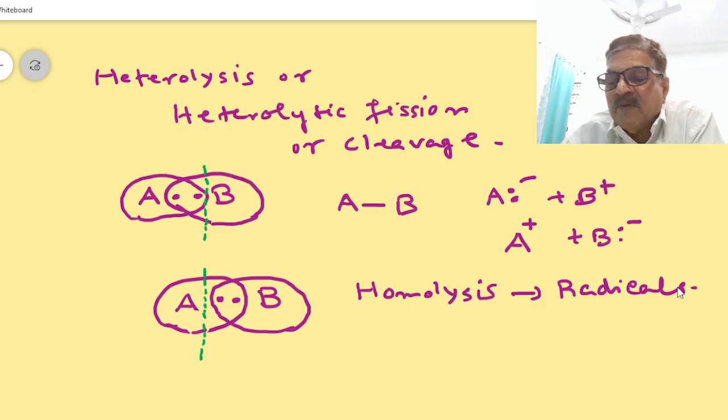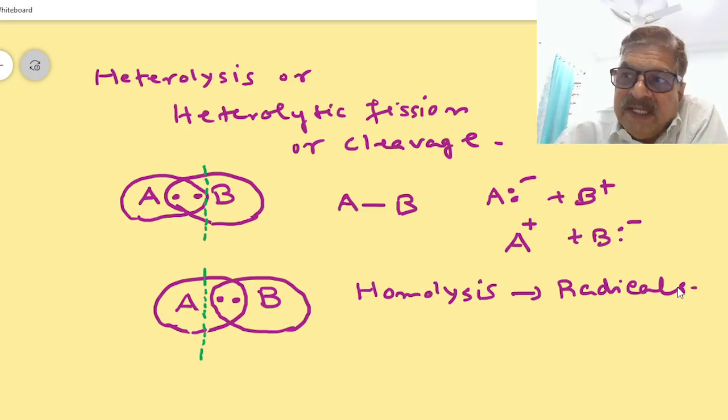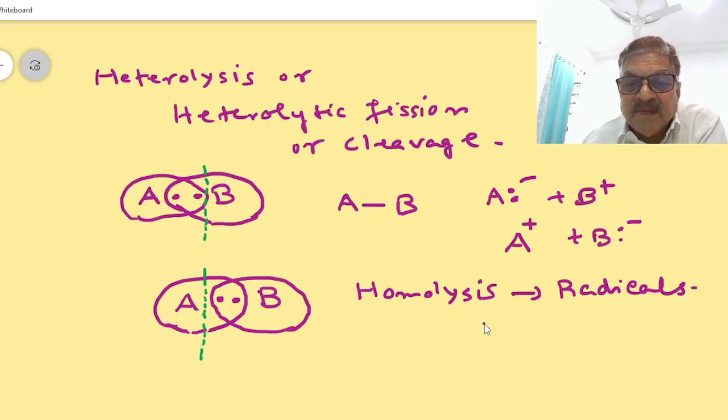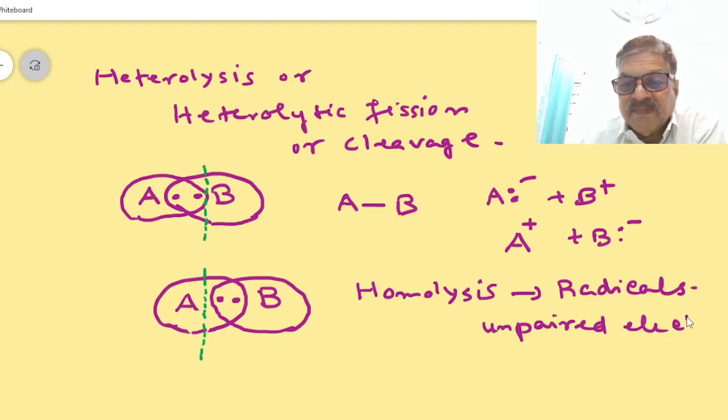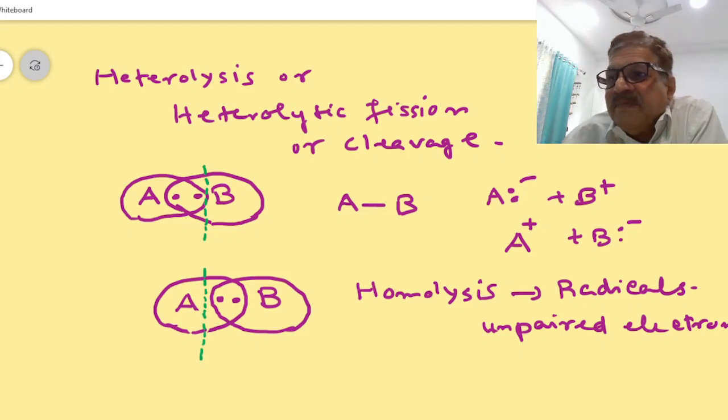Homolysis generates uncharged reactive intermediates with an unpaired electron. Radicals are species with unpaired electrons.